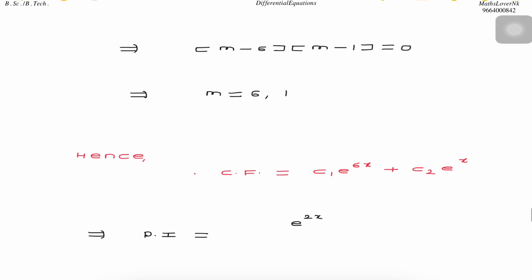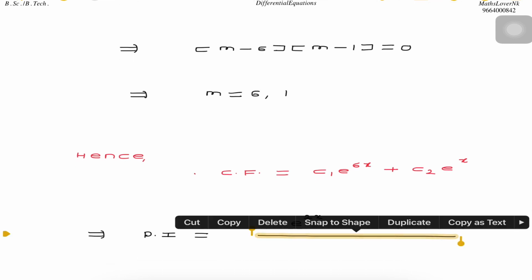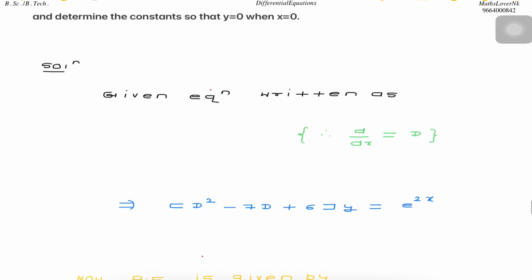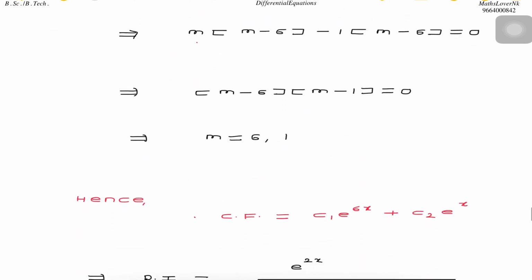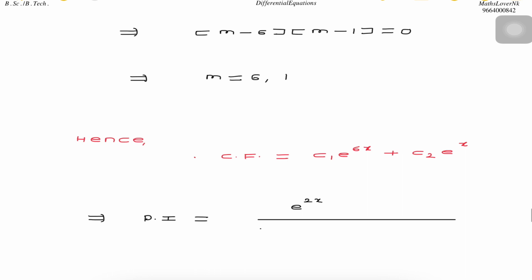The expression in D is written in the denominator: D square minus 7D plus 6. Now apply the identity and solve.